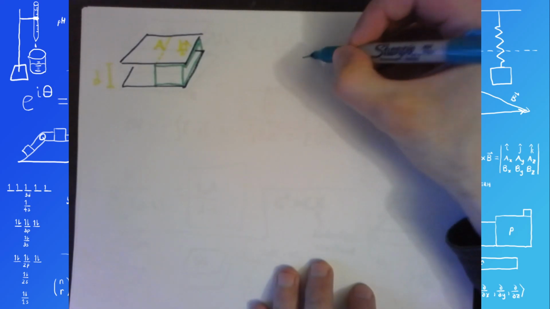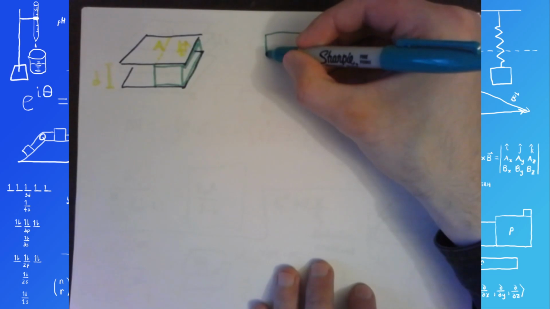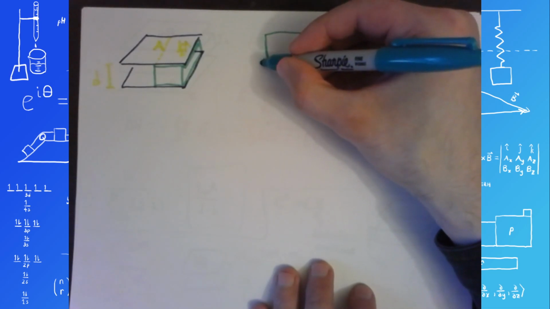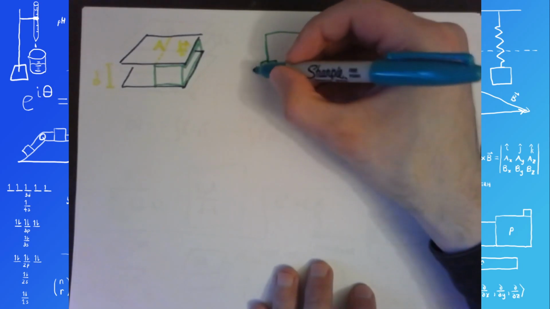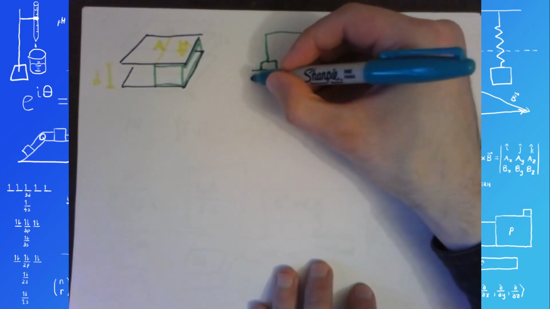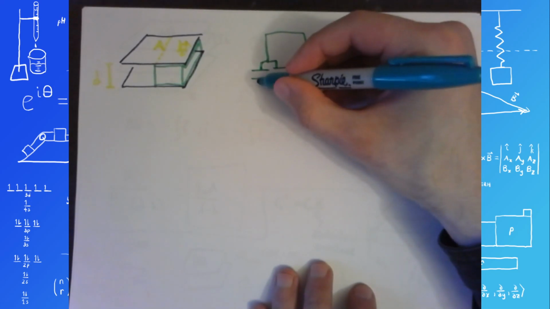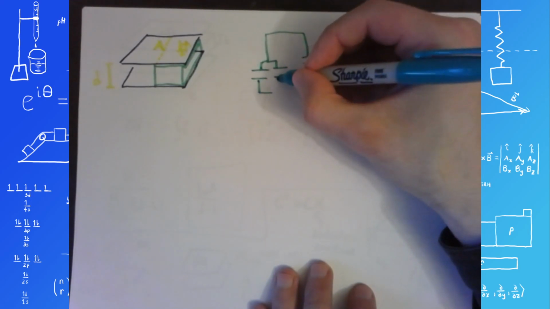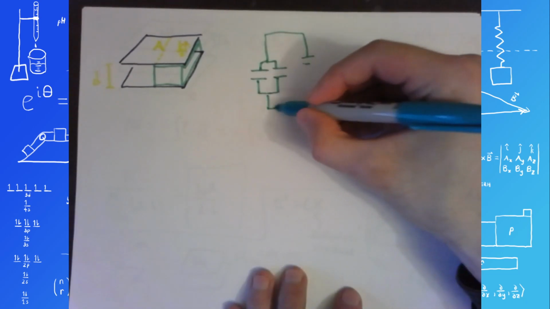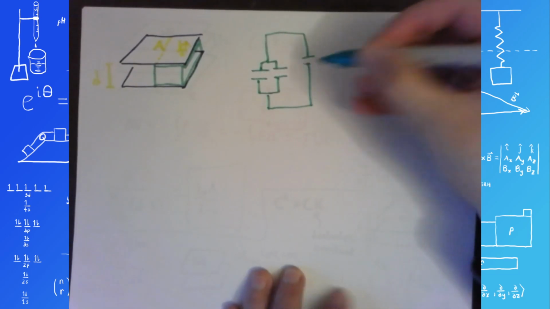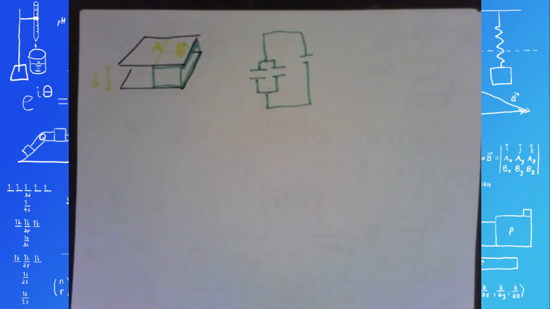Essentially, this is like having your battery connected to a wire that splits up like this between two different capacitors, one of which has a dielectric material filling up the space between its plates.